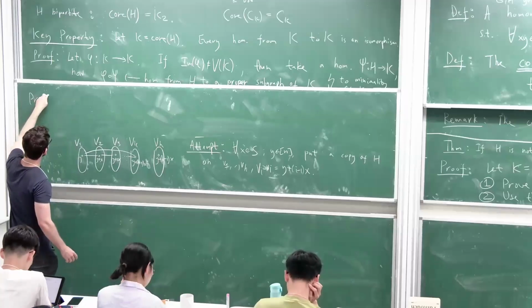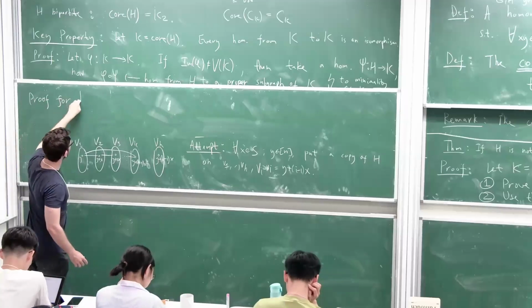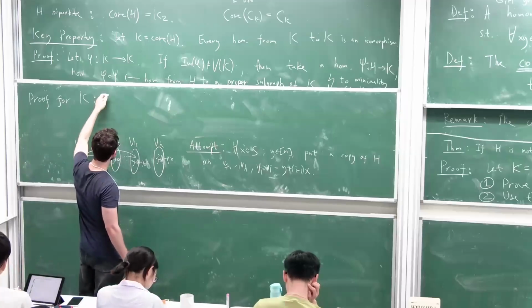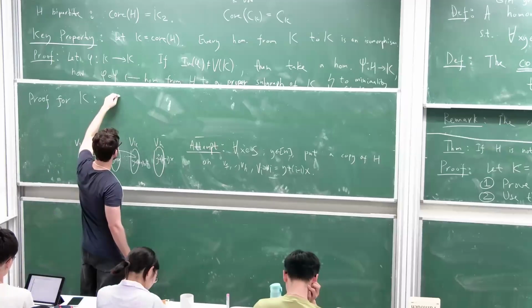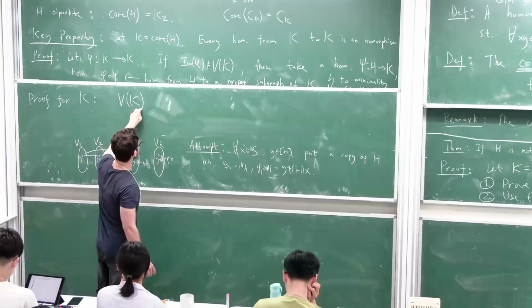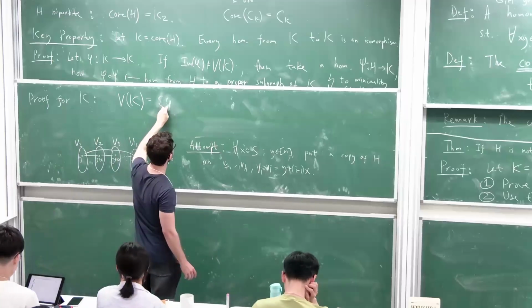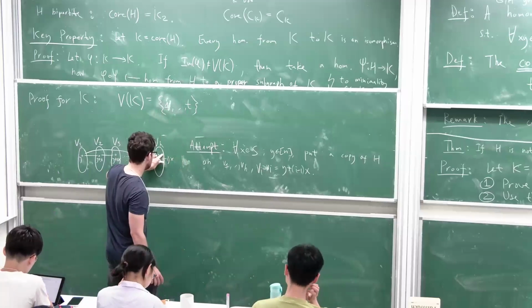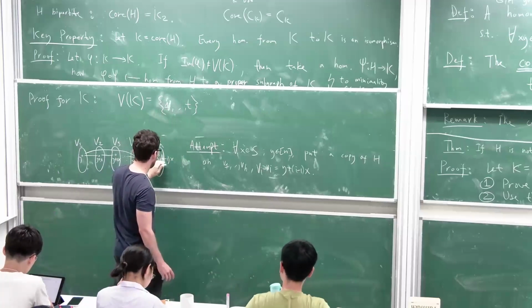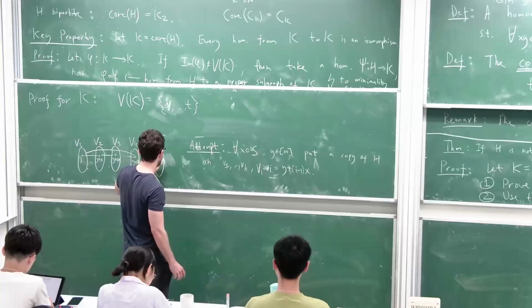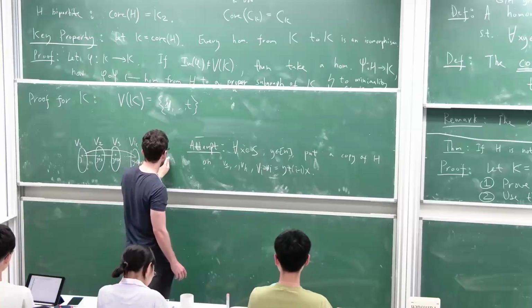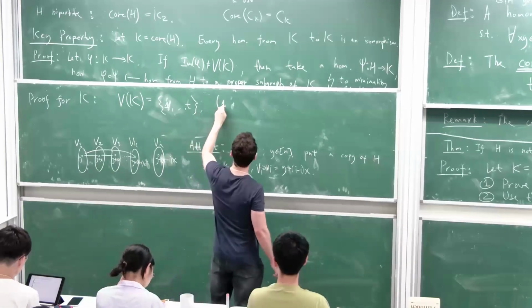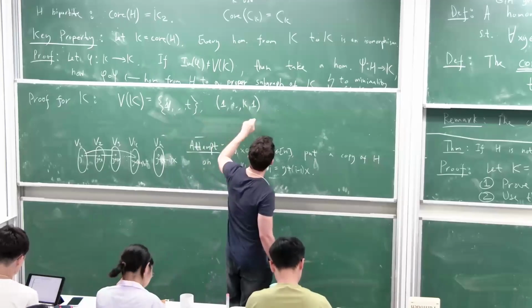Let's suppose that the vertices of K are 1 up to p, and that it's a core.